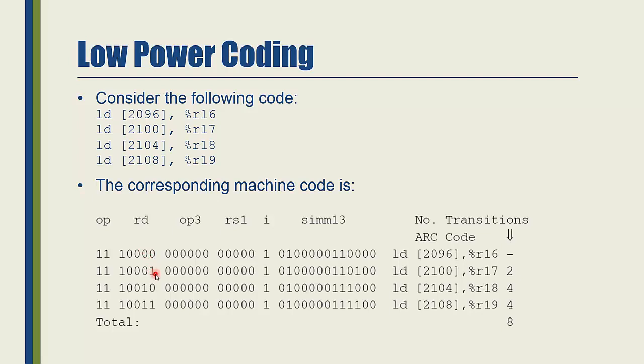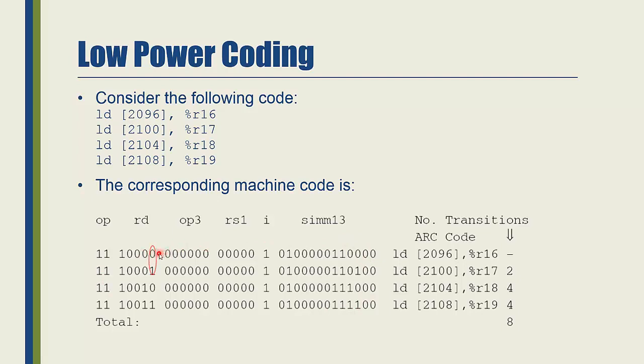And this memory location is encoded in almost the last half of the bits of the machine code over here. And we don't have to care about the meaning of the other bits in the machine code for this discussion. This is the machine code, and it is given in this sequence.